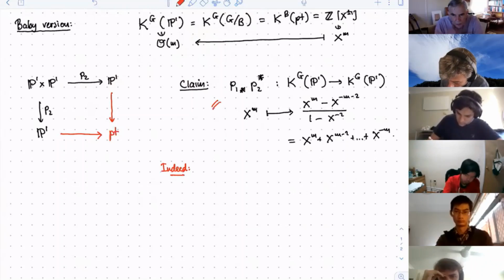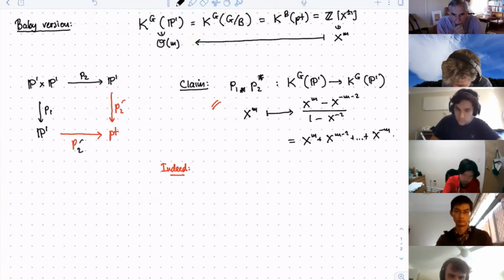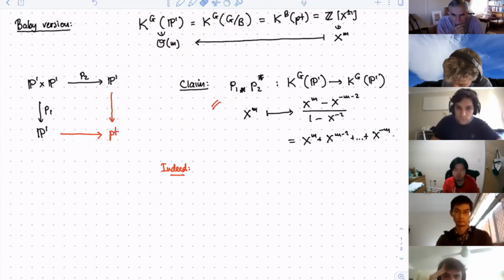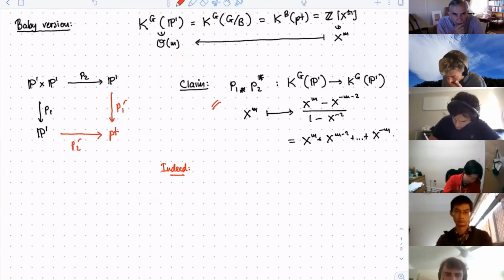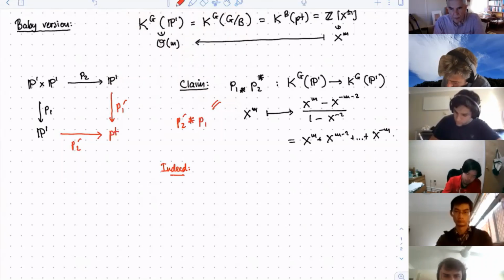And so we can write this as P2 prime, P1 prime lower star, P2 upper star, by smooth base change.